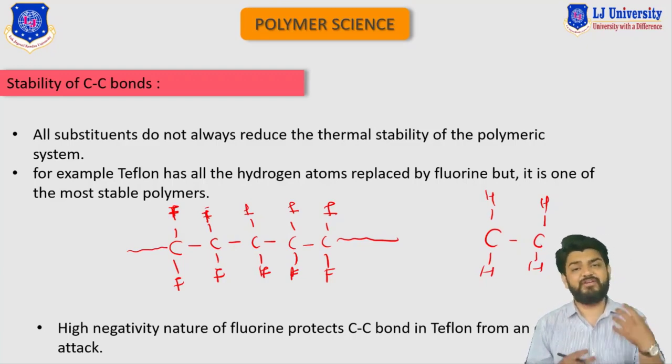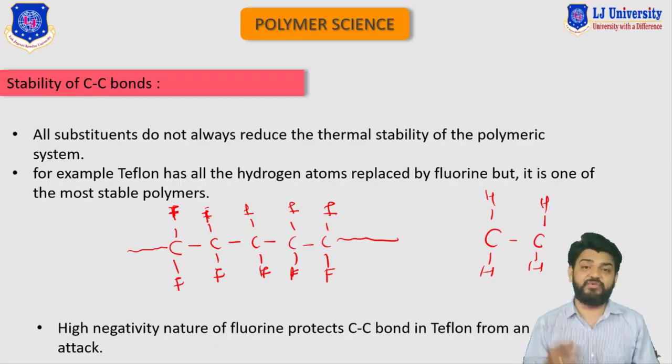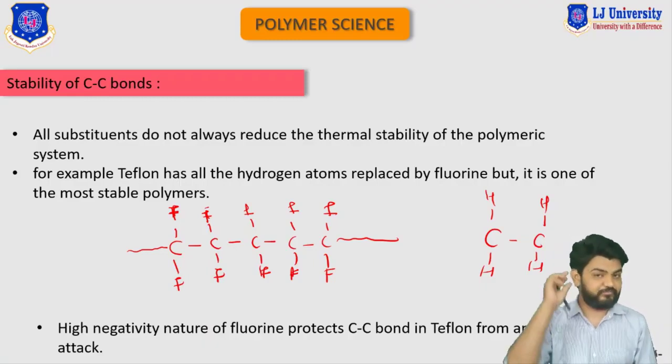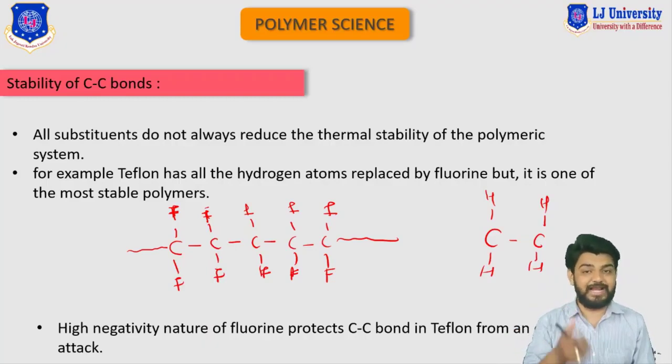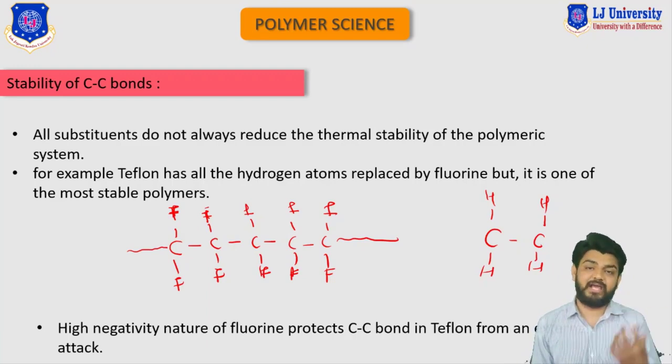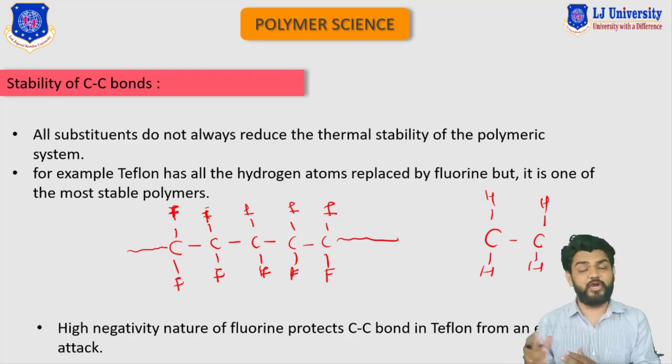So whenever some external energy in the form of thermal energy, that is heat or light, strikes the carbon-carbon atoms, the high electronegativity of the fluorine protects your carbon-carbon bond from breaking, right? So instead of the carbon-carbon bond, your fluorine group faces all the energy.